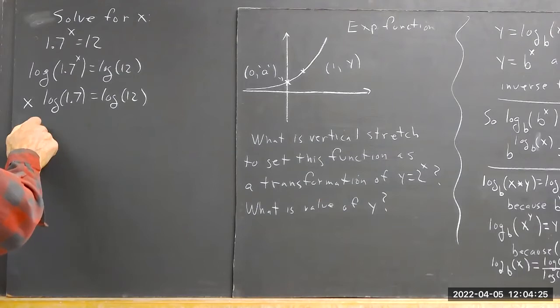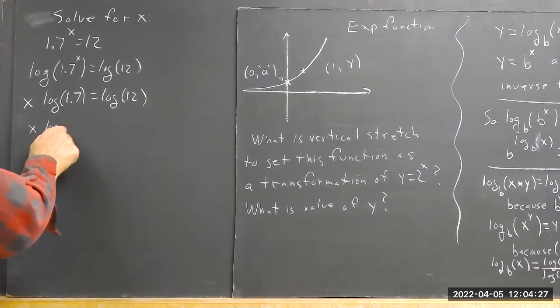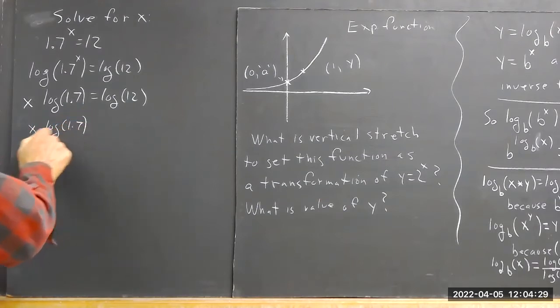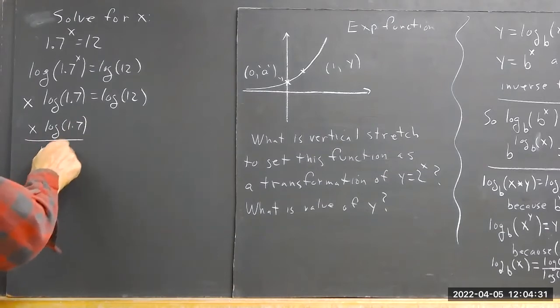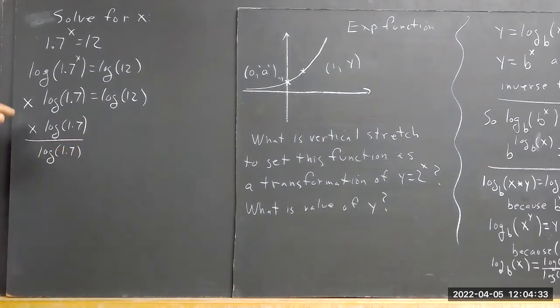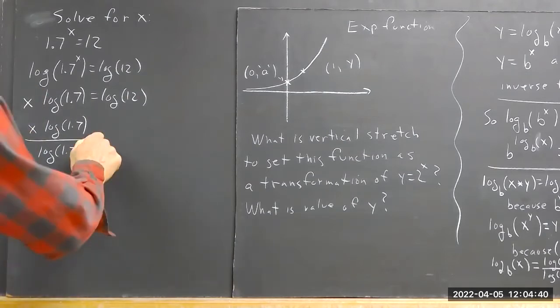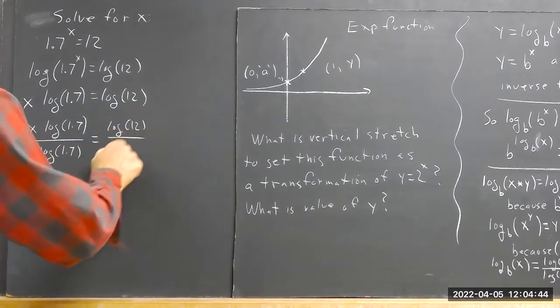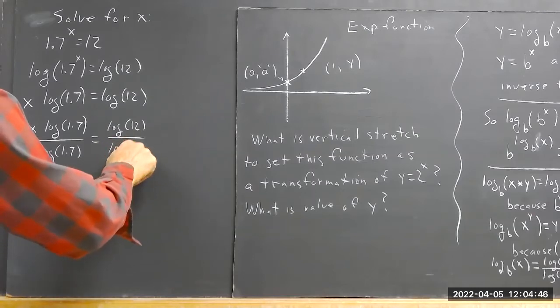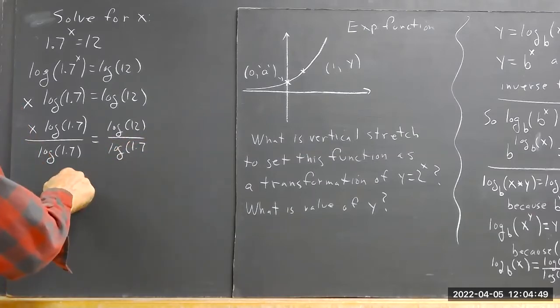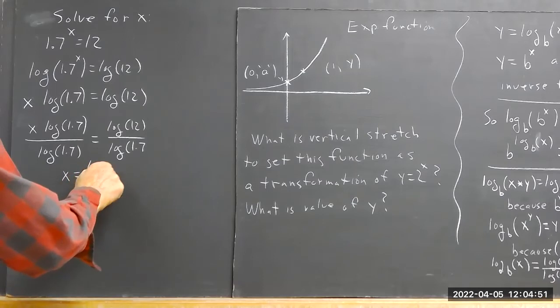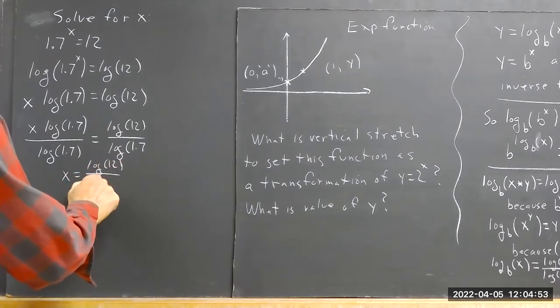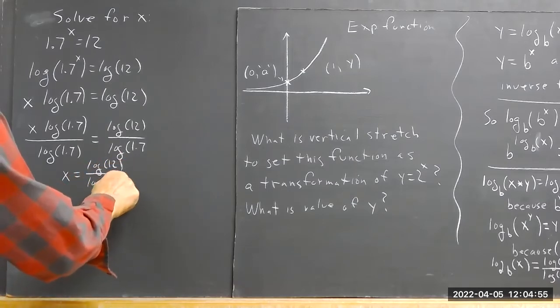So you've got to divide X times whatever it is by that thing so you get X, right? Of course, if you do that on one side, you do it on the other. So X is the log of 12 divided by the log of 1.7.